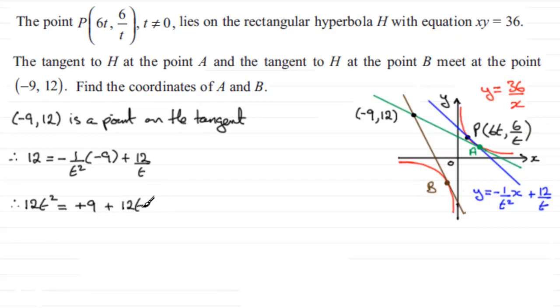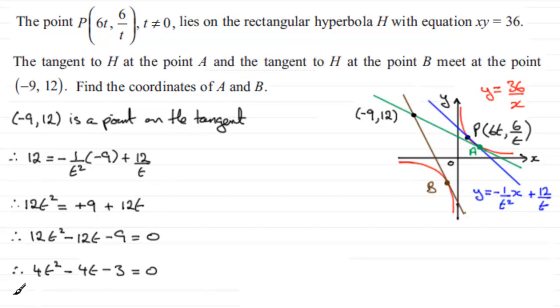Okay, well, I've got a quadratic equation, need to rearrange it, make it equal to 0, so we've got 12t squared minus 12t minus 9 equals 0. And I could see that each of those terms is divisible by 3, so let's divide through by 3 at this stage. So we're going to get 4t squared minus 4t minus 3 equals 0.